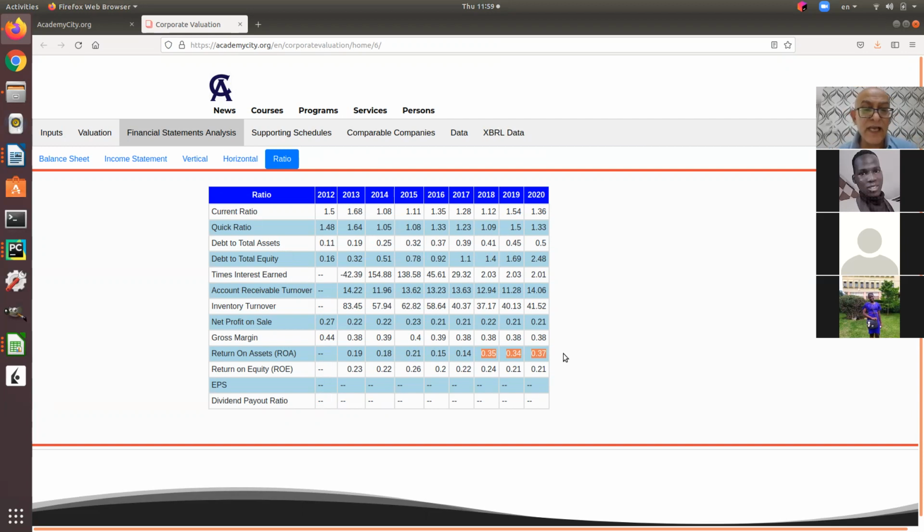What happened to return on equity, which is another thing that we would like to see? That's very surprising. I would expect it to go up, but it didn't. It stays constant. Well, that might be alarming. Why is it alarming?